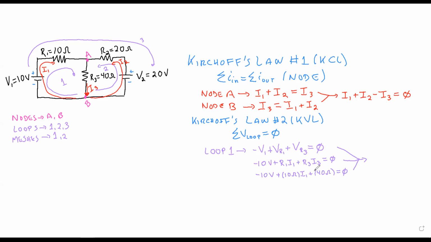We're not going to consider 40 ohms. Oh, I forgot the I3. Thank you. I3 equals 0. I'm going to do this next step quicker. I'm going to remove the units and organize the equation. In the end, this is going to be equal to 10 I1 plus 40 I3 equals 10.